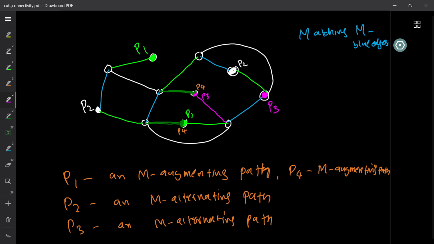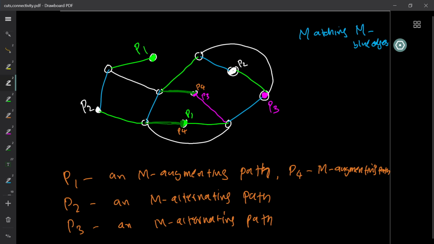And here is another example. Here several alternating paths are given. For example, P1 is an M alternating path starting from this vertex, and then it goes to this vertex. Our matching is the blue edges, so all the blue edges form the matching edges.